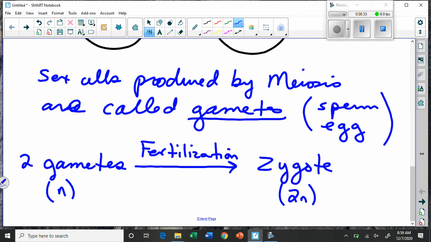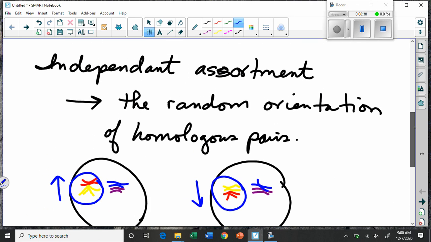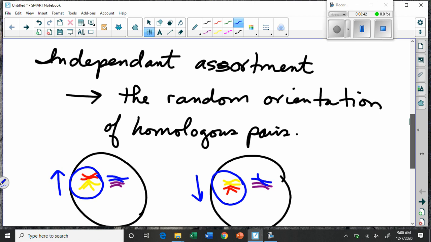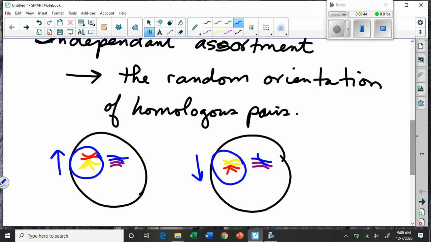Other terms that come up, I should go back up here. Independent assortment occurs at the point where these pairs line up, right? The homologous pairs line up. There's a name for that too. The name for that is called synapsis.